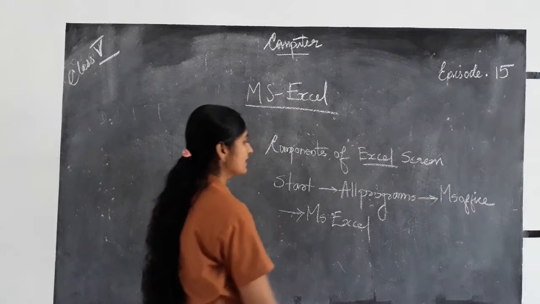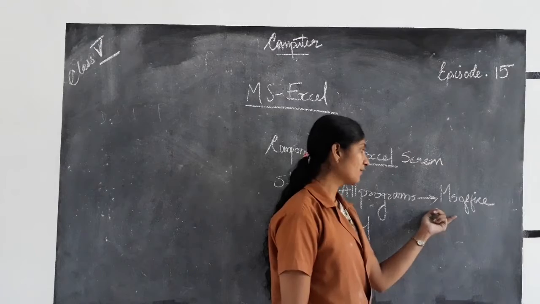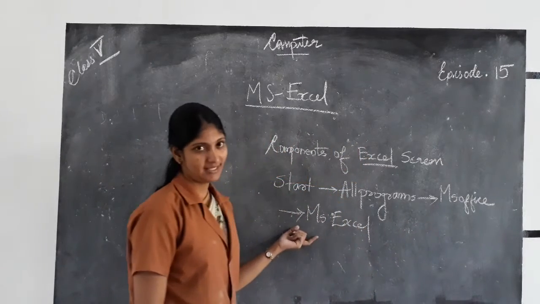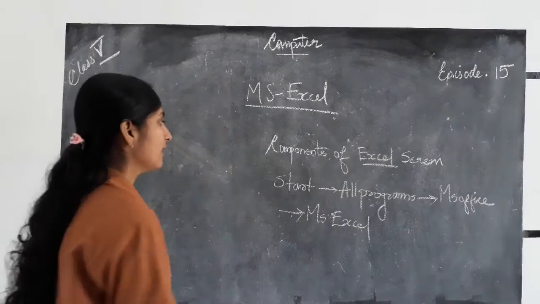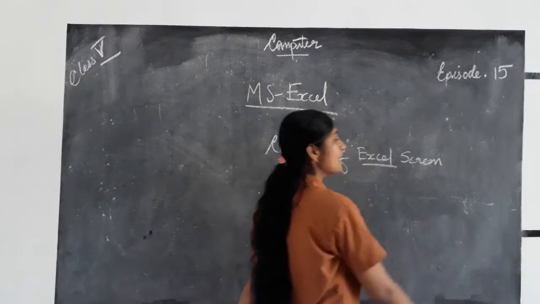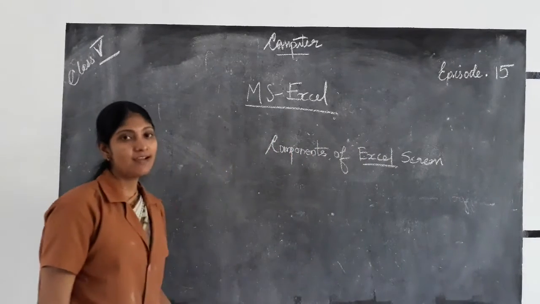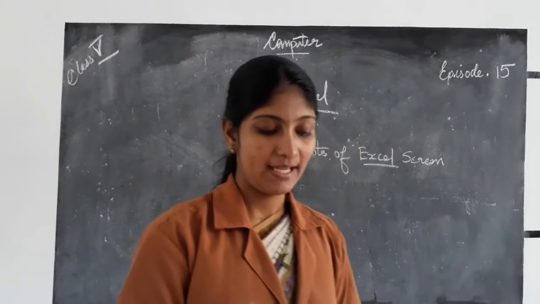Okay, once again: Start, All Programs, MS Office, then MS Excel. After performing all these steps, a window opens, that is the MS Excel window. That's the MS Excel screen.